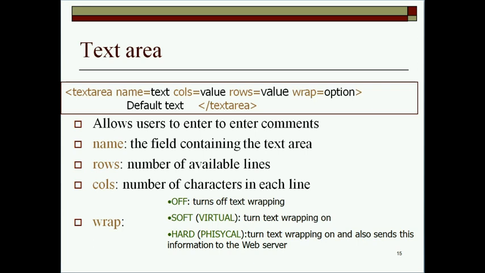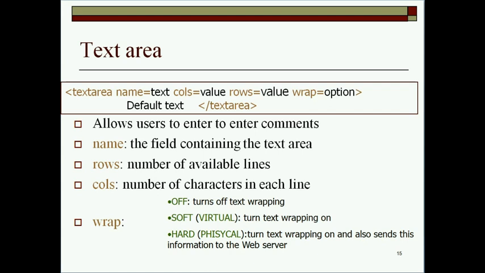So imagine the name providing a variable whose value will be all that huge string that consists of all the data that is entered in that box. The rows and the columns specify the size, and the wrap specifies whether the text will be breaking off and wrapping up.